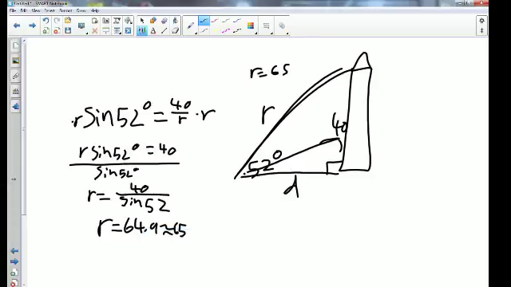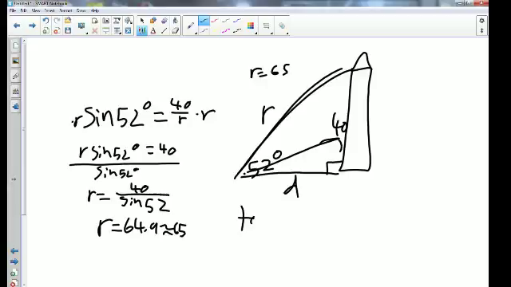Now you also have to solve for D. You could use the Pythagorean theorem, but we already know that, so we're going to use tangent just to apply all the functions. When solving for D, we know that this is 40 and we have this angle. Because these are next to each other and you're not using the hypotenuse, it's going to be tangent.